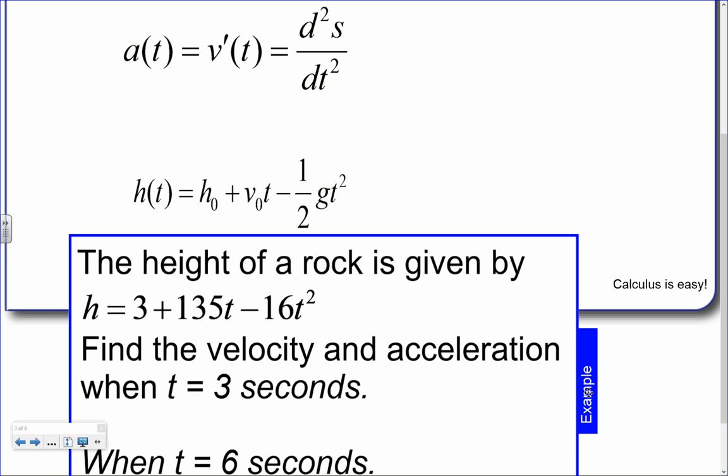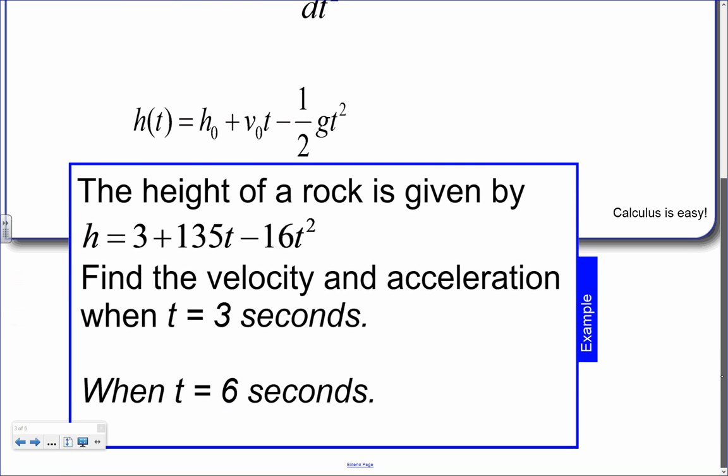There's a rock being launched into the air, and the height of the rock is given by h equals 3, which is the h naught, plus 135t, where 135 is the initial velocity, we call that v naught, minus 16t squared. We get 16t squared by taking half of the gravity constant, 32 feet per second squared, and then t squared. So find the velocity and acceleration.